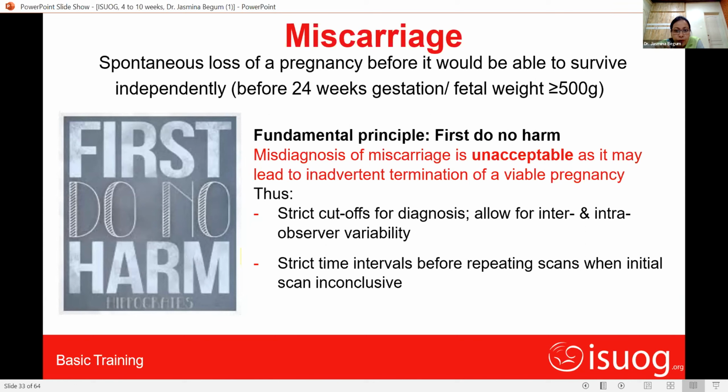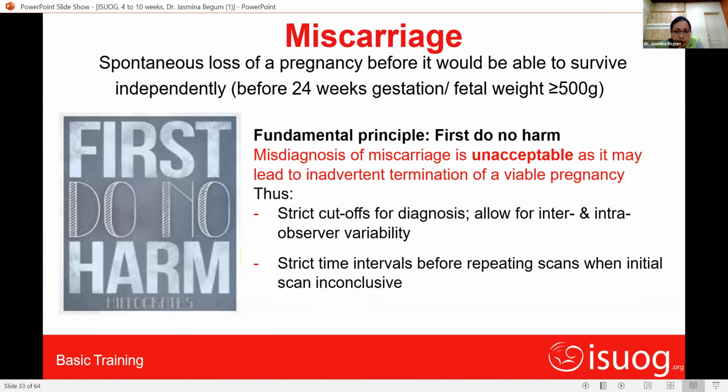Not only do you have to follow the strict criteria to diagnose miscarriage at the initial scan, but we also have to follow the time-based criteria to diagnose miscarriage during the follow-up scan if your initial scan is inconclusive. Everyone has to know the criteria to diagnose miscarriage at the first scan itself.